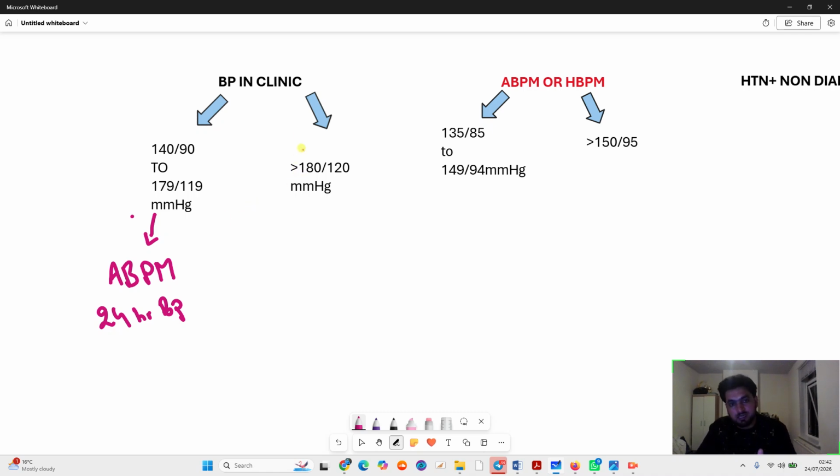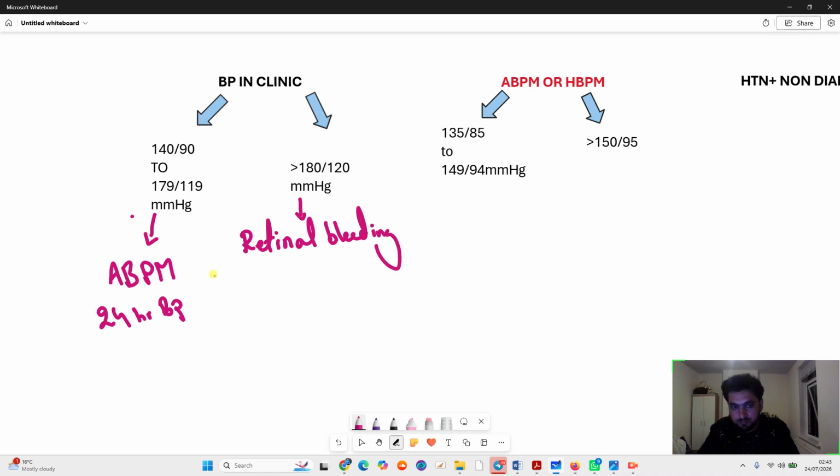Secondly, if the patient comes to you in a clinic and you check the BP and it's more than 180 systolic or more than 120 mmHg diastolic, in that case you have to look for one extra thing. What is that? Emergency signs. Does the patient have retinal bleeding?